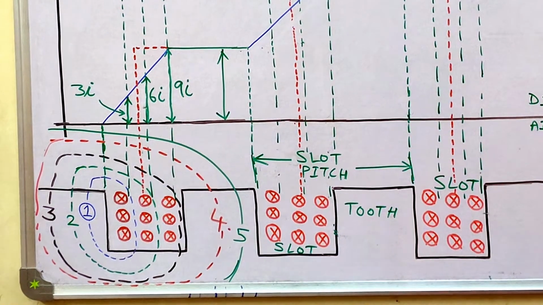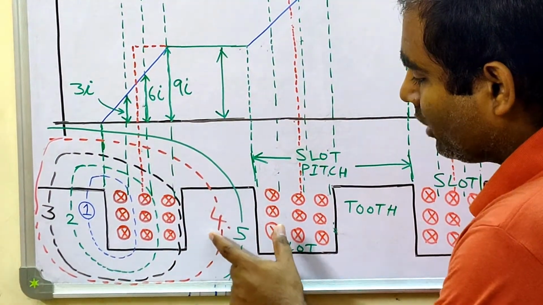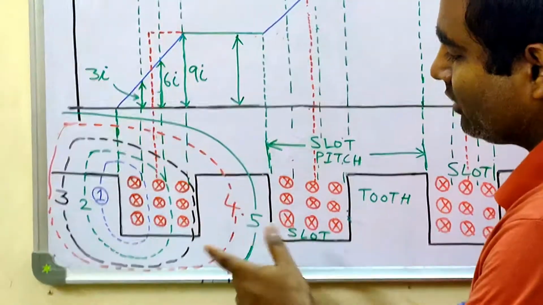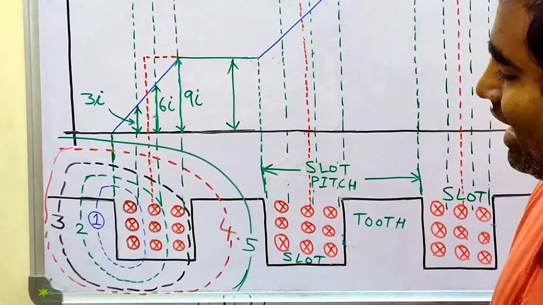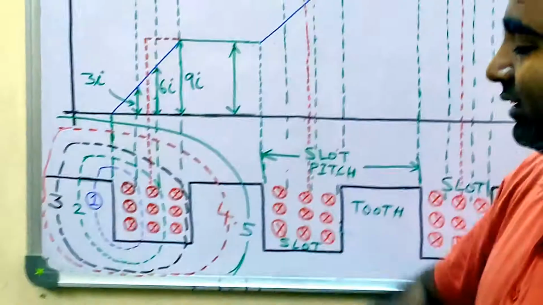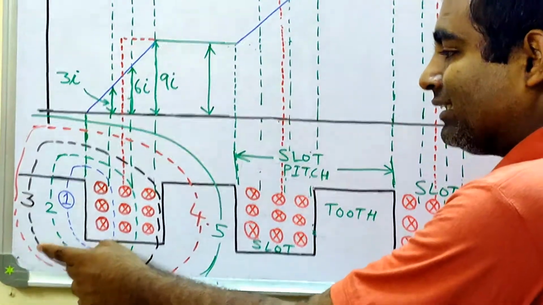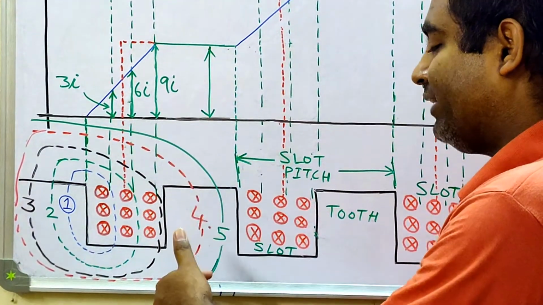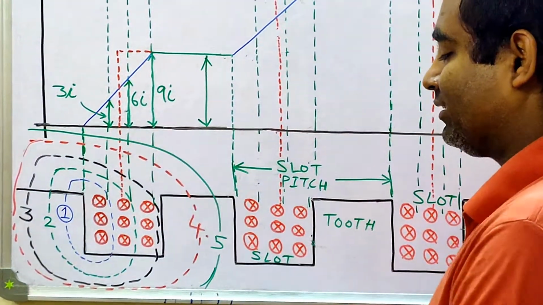Now for path number 4 and 5, you will find that the number of conductors enclosed is the same as that enclosed by path number 3. Path number 3 is enclosing 9 conductors. Likewise, path number 4 and 5 will also enclose 9 conductors.